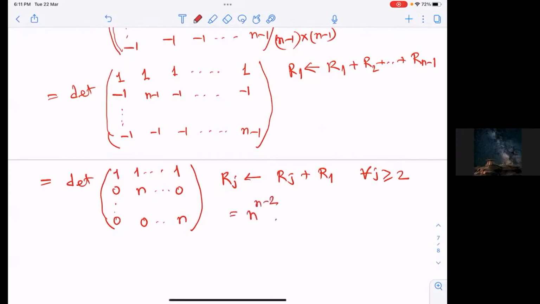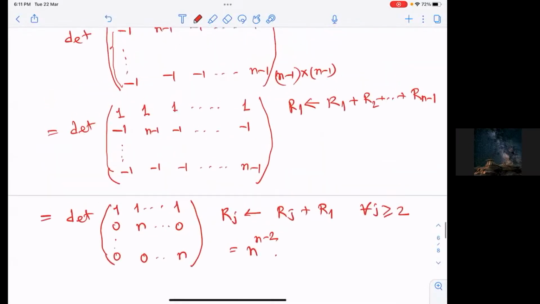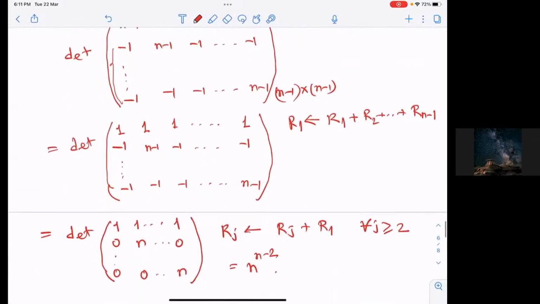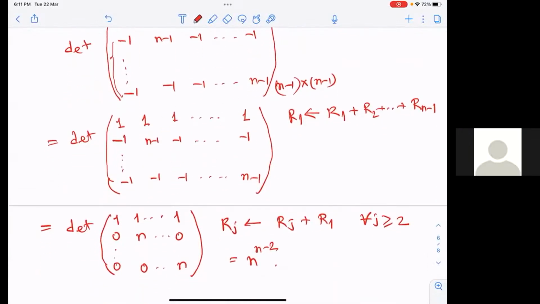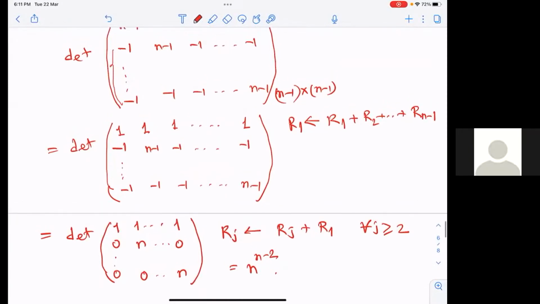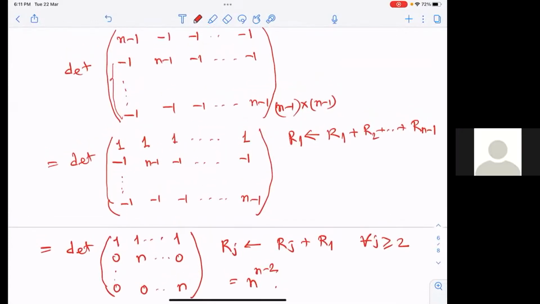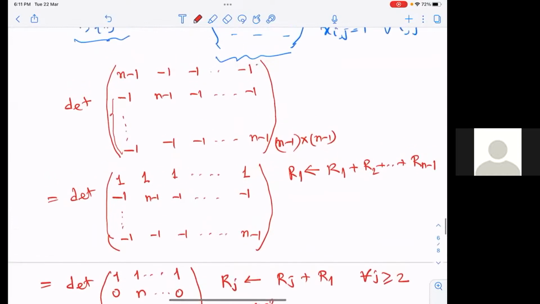Sir, how did the last element of that become 1? Because n minus 1 is in the nth row. Which one? One minute. Say your question again. Sir, in the determinant, when you did the operation R1 plus R2 plus up to R(n minus 1), in the first row, the last element, how did it become 1?